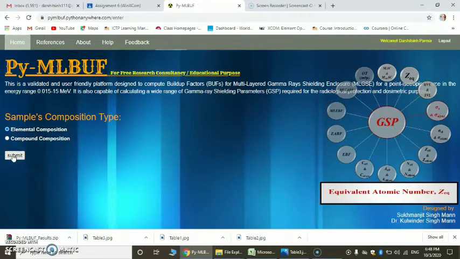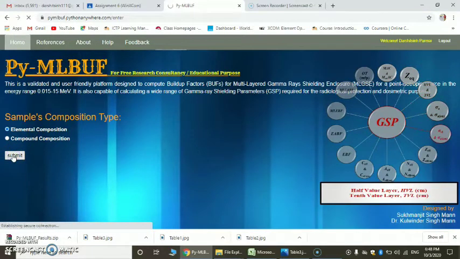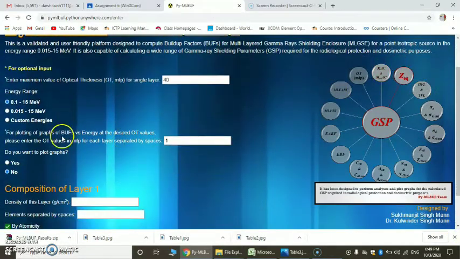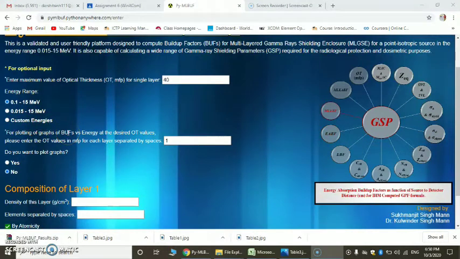So let's go with elemental composition. Now we have the energy range, so we can select any of the energy ranges. Let's take 0.1 to 15 MeV. If you want any particular energy, then you should go for custom energies.